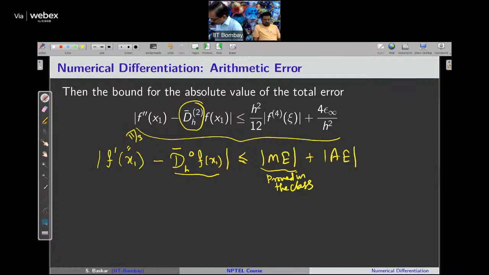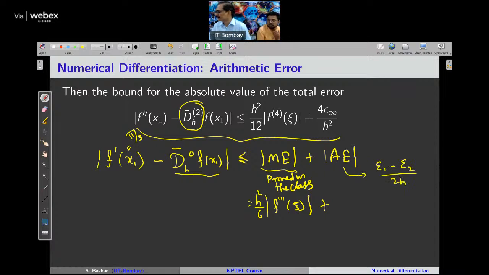Yeah, there are too many formulas. So it is h squared by 6 into f triple dash of psi, plus this is nothing but, if you recall, epsilon 1 minus epsilon 2 divided by 2h.